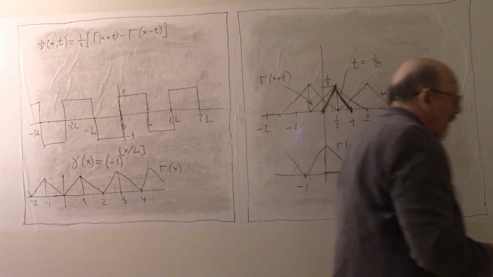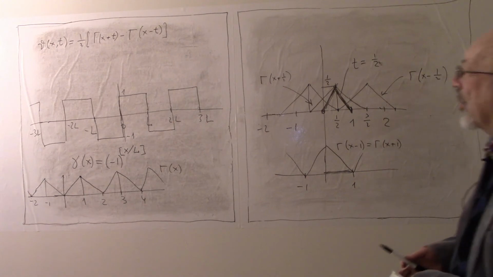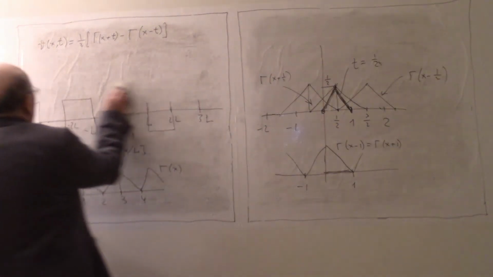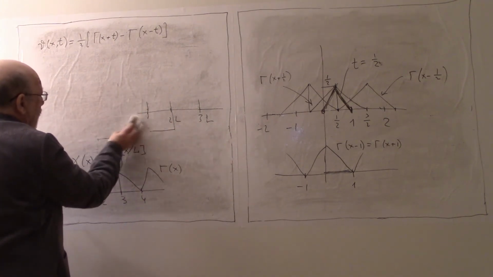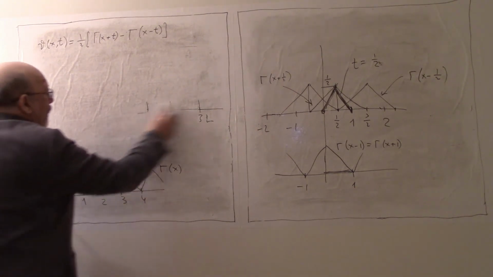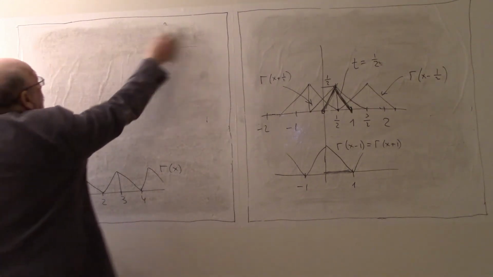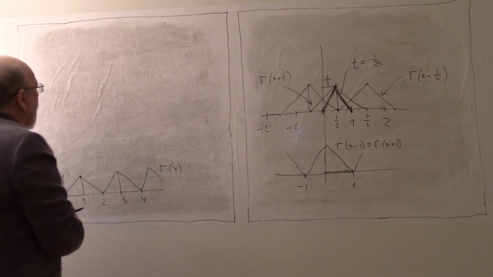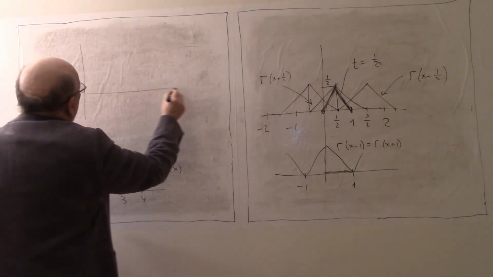So it would be interesting to find the solution for intermediate values of t, say t equals 1/4. Let us do it. This way.